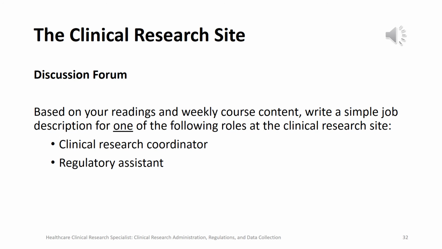You can pick whichever one you want. Or if you want to choose one of the other roles, the principal investigator or the sub-investigator, you can do that as well. But what I'd like you to do is to write a brief, simple job description that contains information on the types of activities that person in that role is going to do, the kind of training that you'd like for them to have, and the kind of experience that would be necessary in order to be hired into that role.